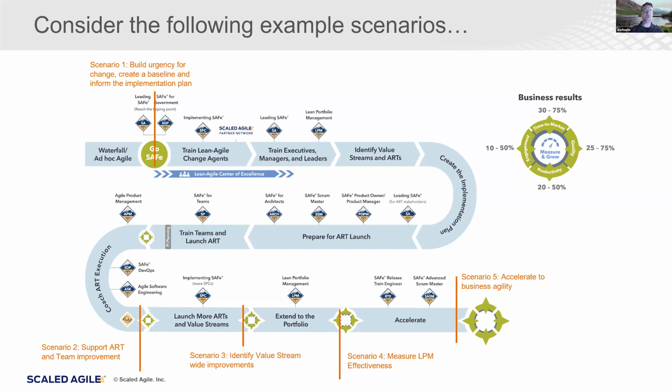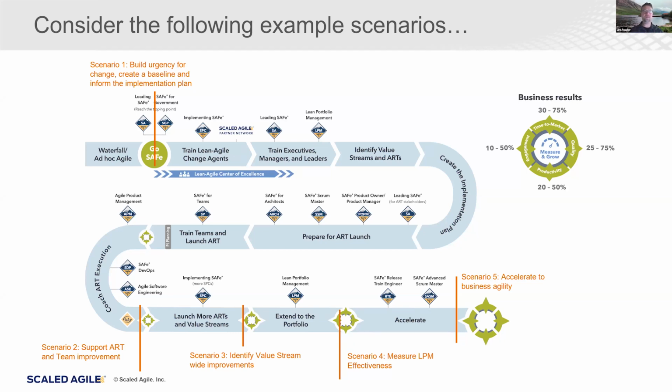Our first scenario is to build that sense of urgency for a transformation and get our initial baseline. So if we're trying to gather the evidence for, do we actually want to implement a transformation in our organization, to implement SAFe and start that journey and path, and to understand why we want to do that and where we are at today, getting that baseline. That's our scenario number one.